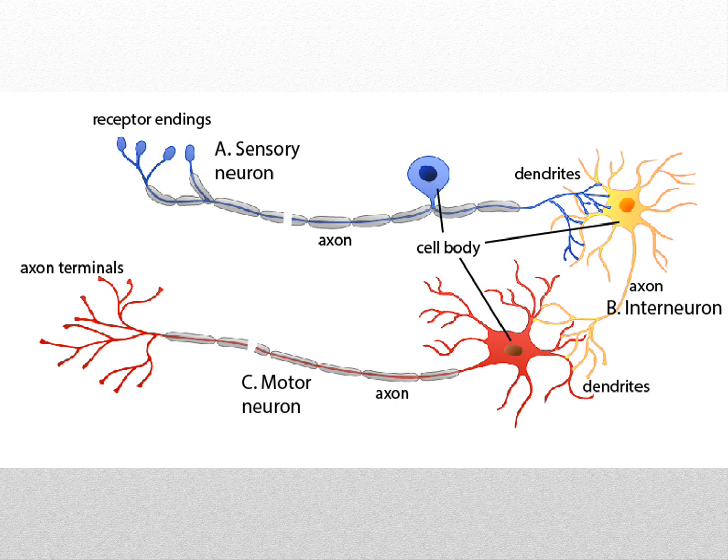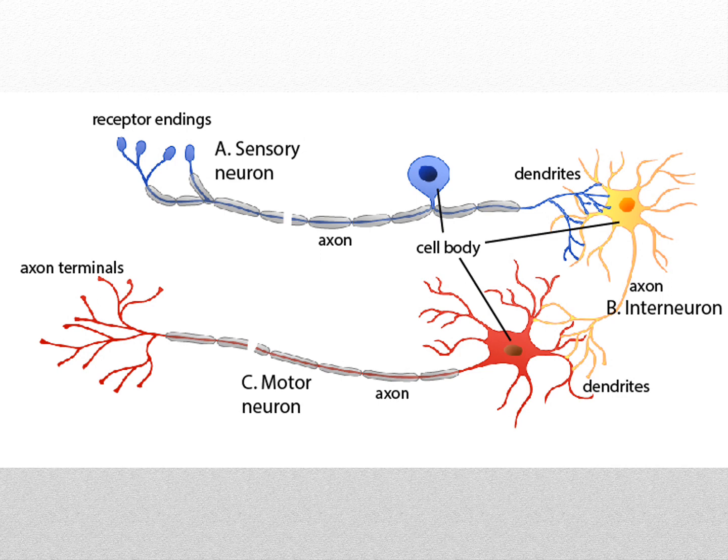And a motor command is going to move down the other way in the efferent direction and elicit a response to the effector. Now the effector is not shown here, but it should be found right after the axon terminal here. The axon terminal can be connected to a muscle, a skeletal muscle, or this is a motor neuron, so we know that it's somatic.